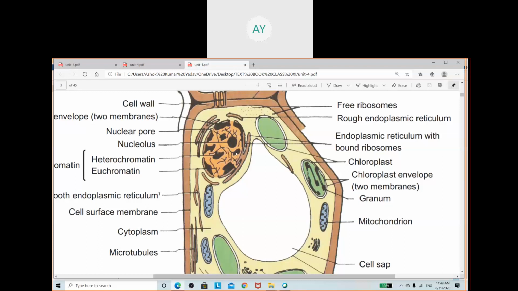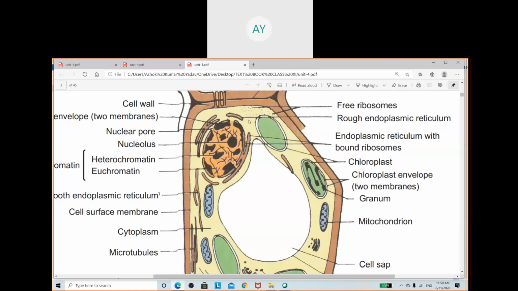Now these three types of RNA are ready to escape from the nucleus. Where will they go? They will go to the cytoplasm. Protein synthesis occurs in the cytoplasm, where there is a ribosome.